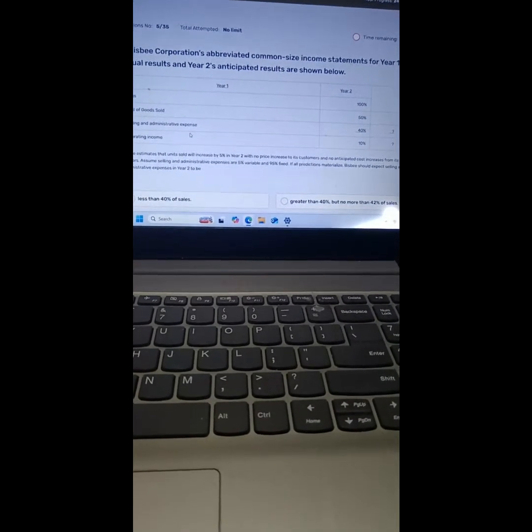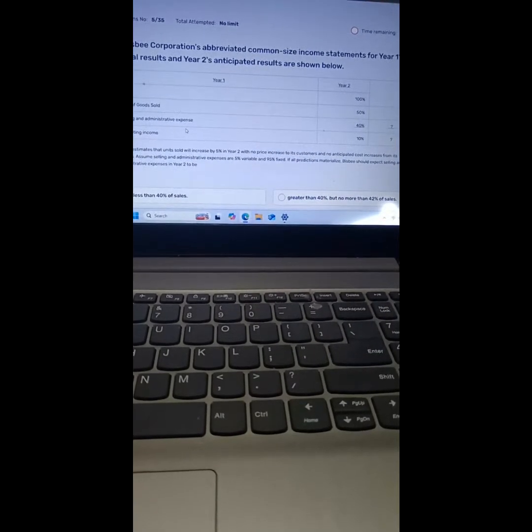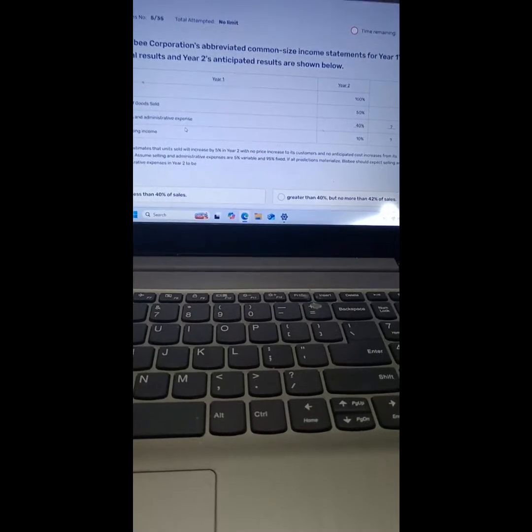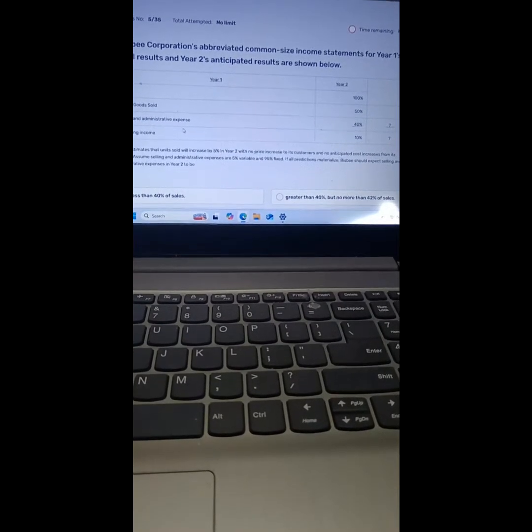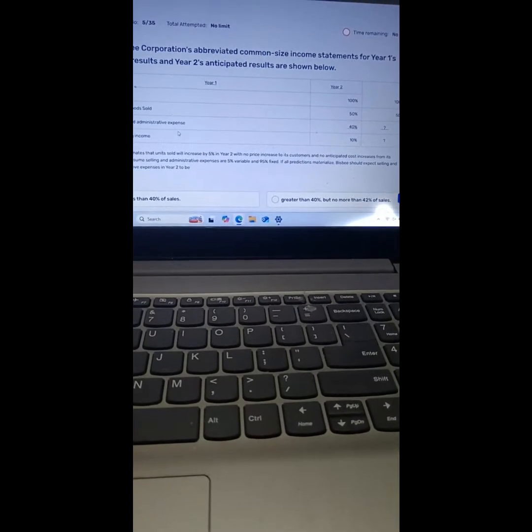The company estimates sales should increase 5% in year 2, with no price increase, so the selling price stays constant for customers, and no anticipated cost increase from vendors, so cost is also constant.